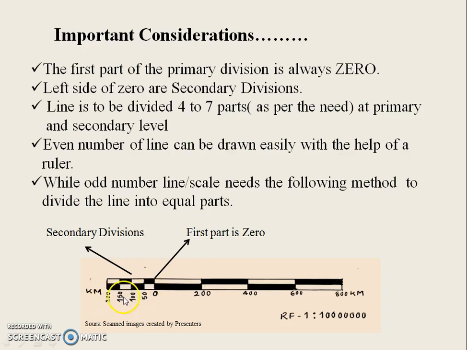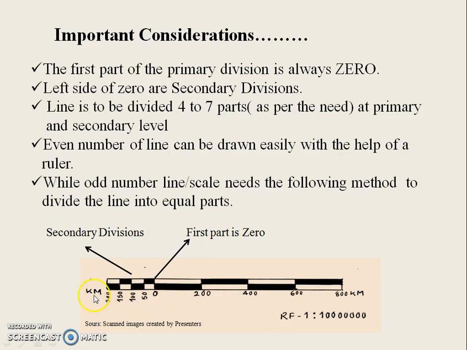As per the need at primary and secondary level, line is to be divided into 4 to 7 divisions. For example, in the given diagram, the scale has been divided into 5 primary divisions, while the secondary divisions are divided into 4 parts.